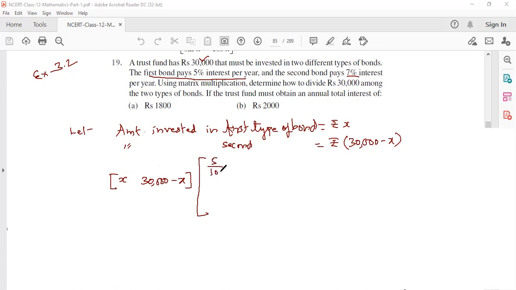When the percentage sign is removed, we have to write 100. So 5% and 7% of this is invested in both the bonds, and the annual total interest is rupees 1,800. So it will be equal to 1,800.